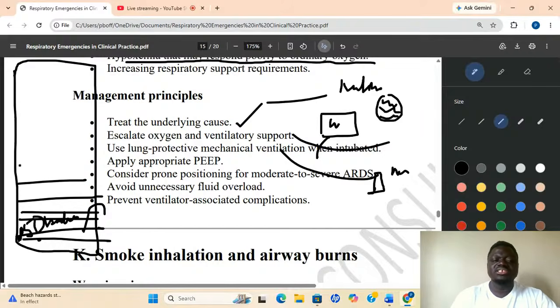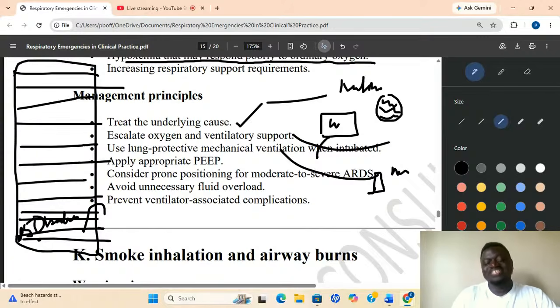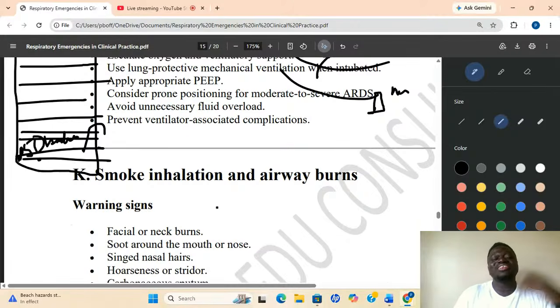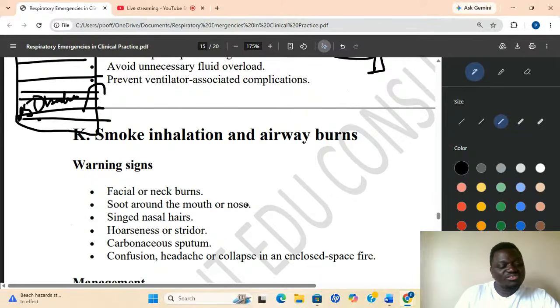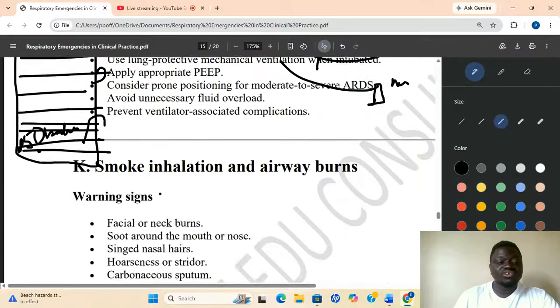Some people will sit down waiting for the bacteria to be killed, which means they finished your lung. You have gotten to a state where a lot of people die from sepsis and acute respiratory distress syndrome. This one will suddenly occur and it will shock you. It will give you the shock of your life.